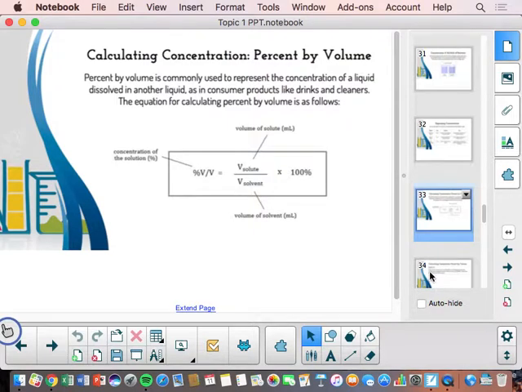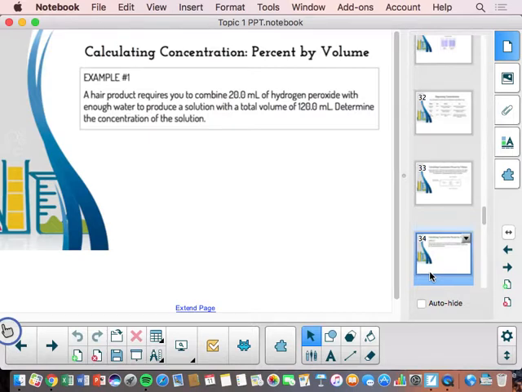So let's try one of those. A hair product requires you to combine 20 milliliters of hydrogen peroxide with enough water to produce a solution with a total volume of 120 milliliters. Determine the concentration of the solution.